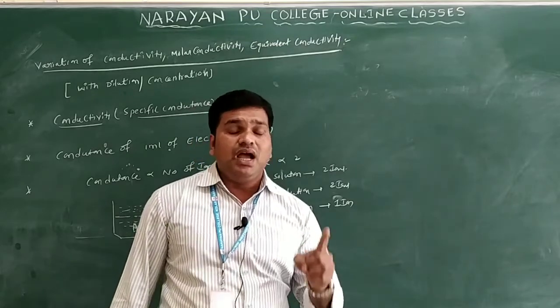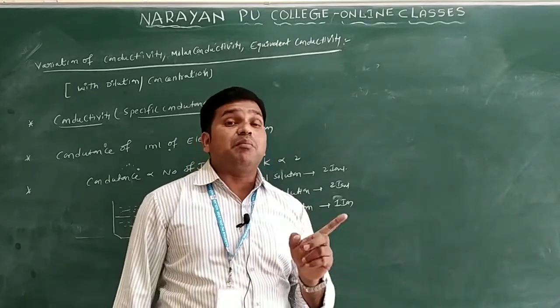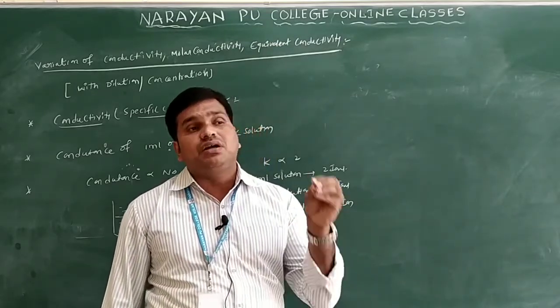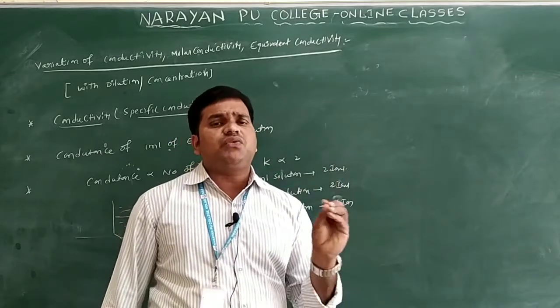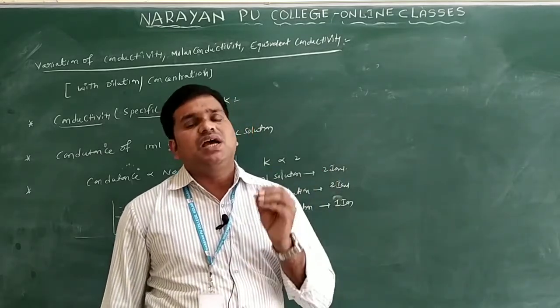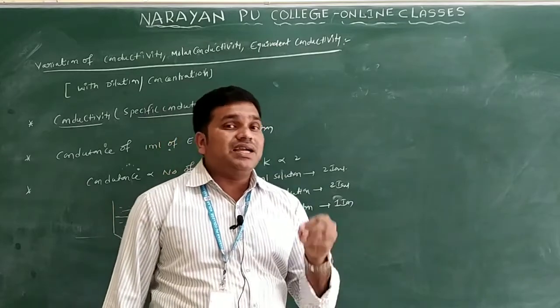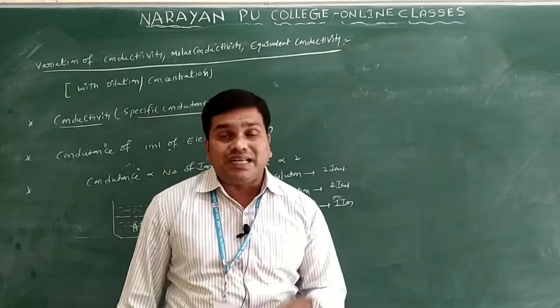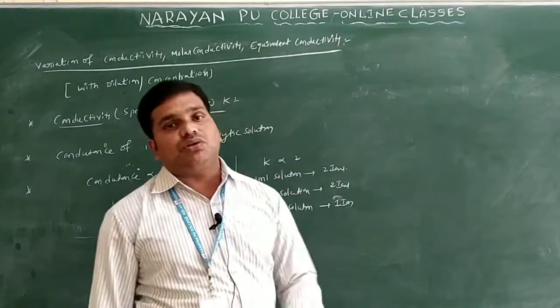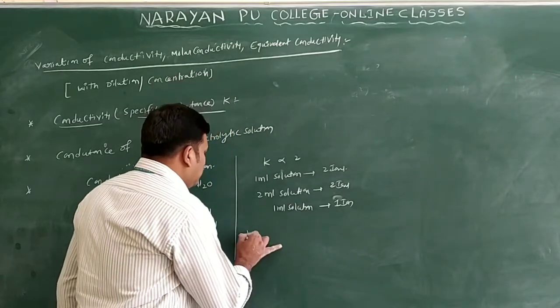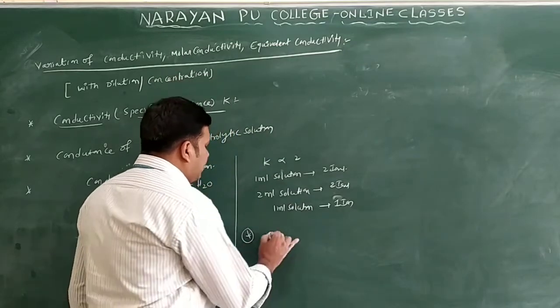So what I am telling is, upon dilution the number of ions per unit volume, or you can say per unit centimeter cube, decreases only. Thereby the conductivity of the solution decreases upon dilution only. So from this we will write one point.